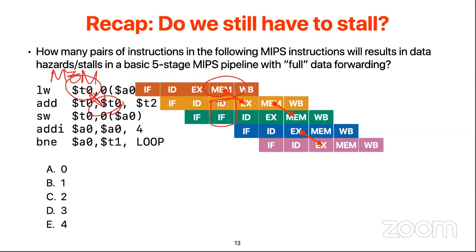But if you look at other instructions, like the store word instruction, it requires the T0 input at its memory stage. At that time, the add instruction is already in its memory stage, so you can forward it here. And for the add instruction and the branch instruction, because A0 is ready in the execution stage, we can forward it in time.